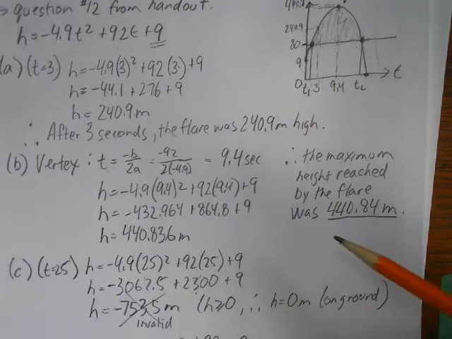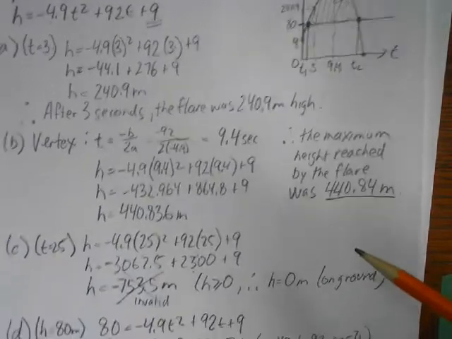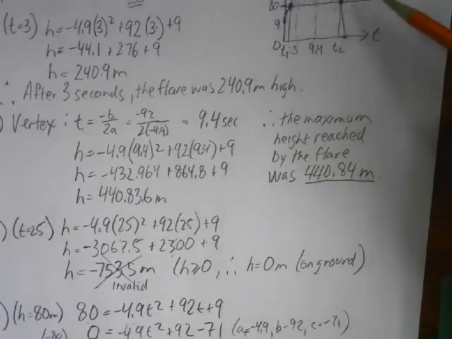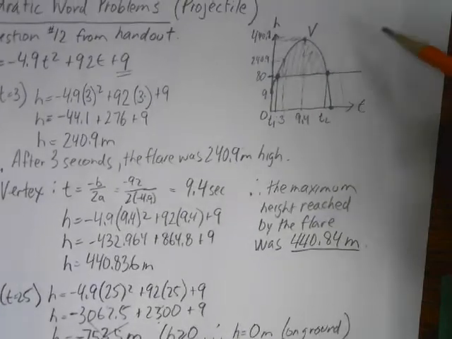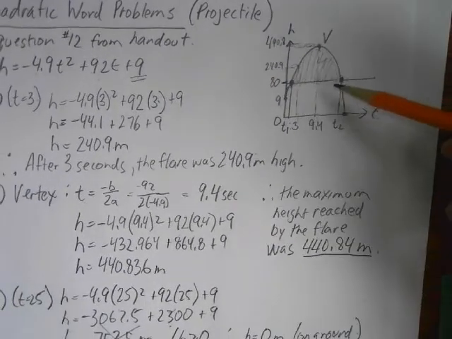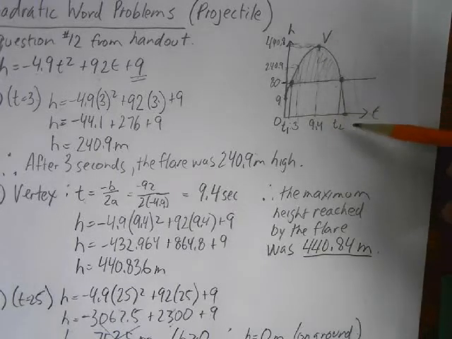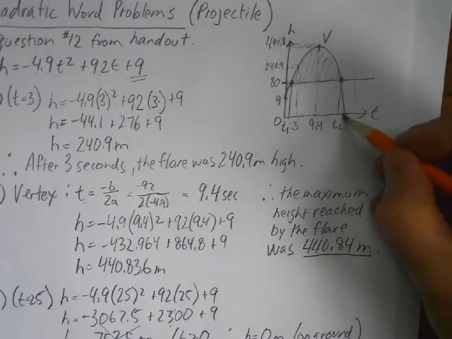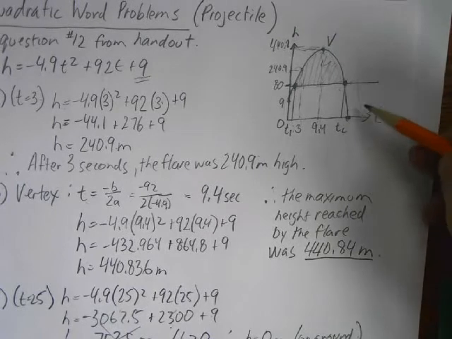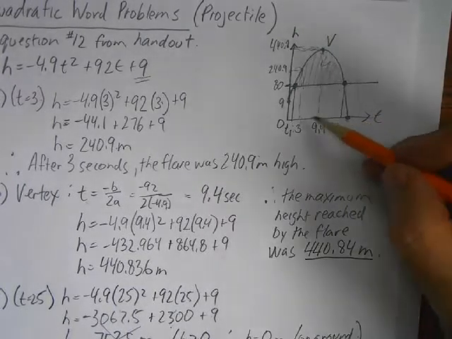Now, it didn't ask one of the more frequent questions, and that is, when did the ball hit the ground? Okay, so if you're doing a question like that, when the ball hits the ground, you're looking for this point here. So what do you know about that point? Well, you don't know the time. That's what we want to find out, but you do know the height: 0.